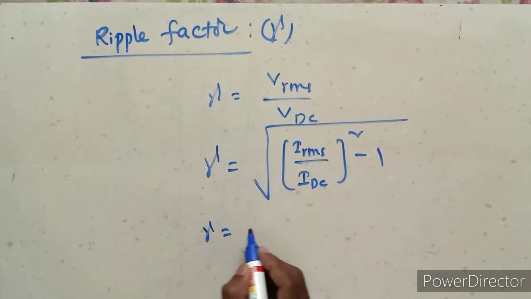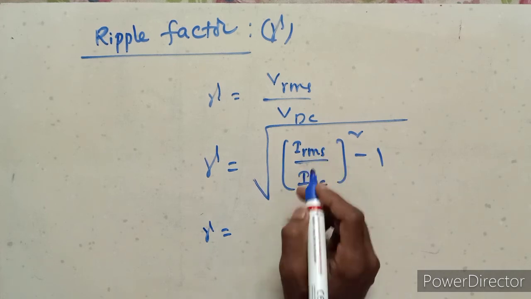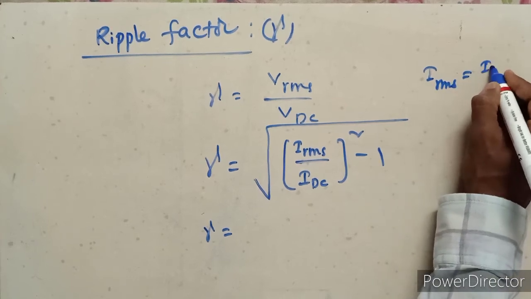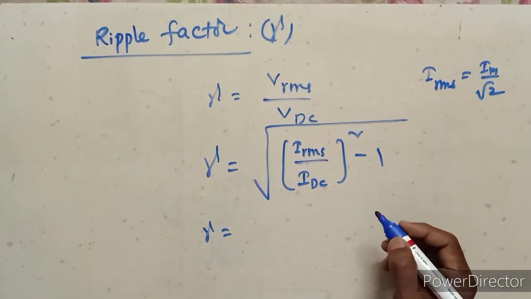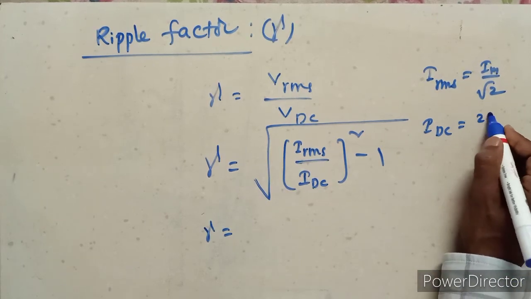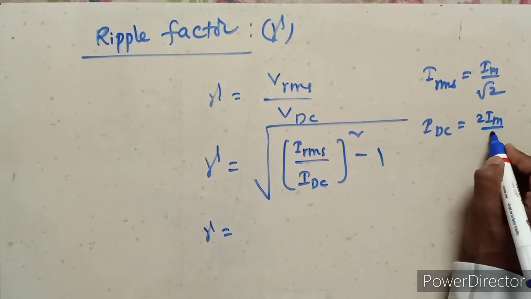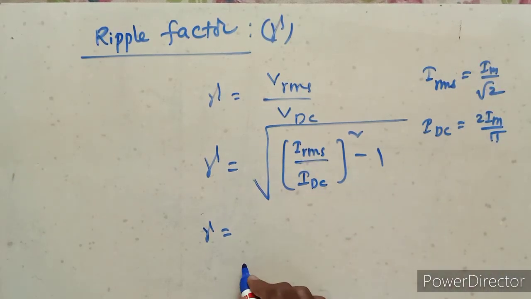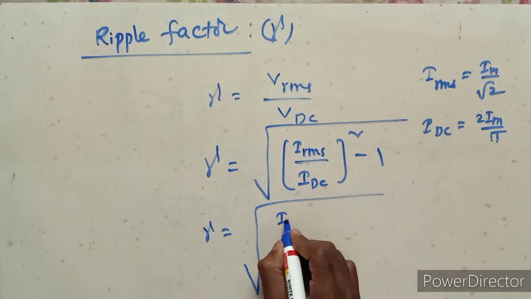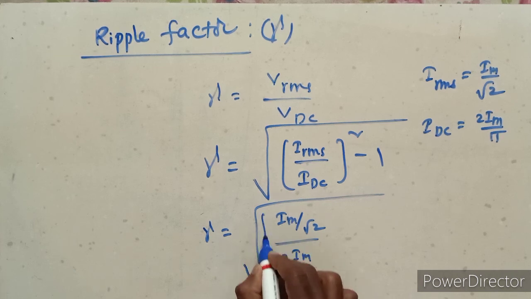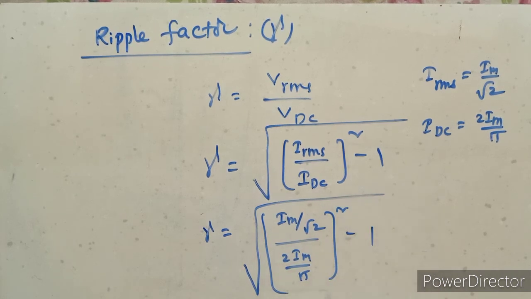Eta equals I RMS, and we know I RMS is Im upon under root 2. IDC is 2 Im upon pi. So these two values are substituted in this equation: under root of Im upon under root 2 over 2 Im upon pi, whole square, minus 1.